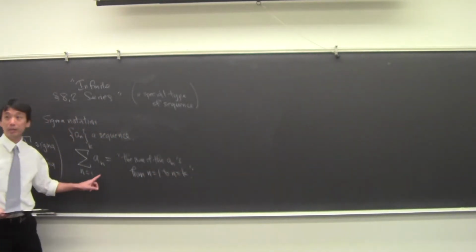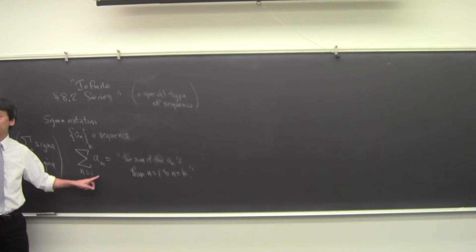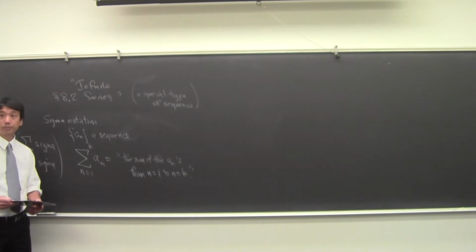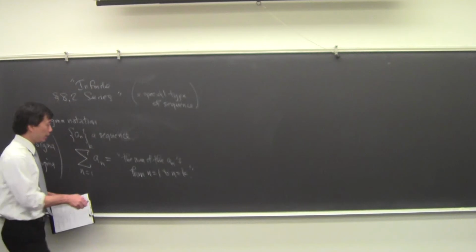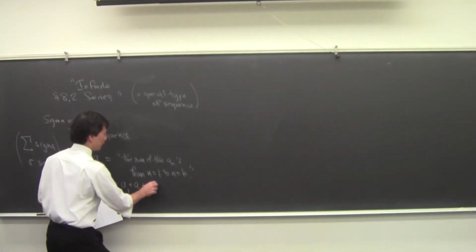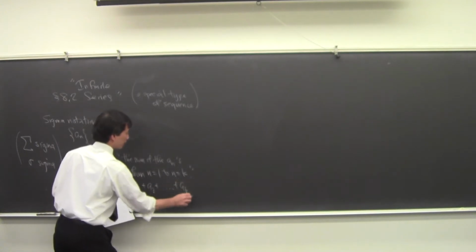That's how you read this in English. In other words, it is a1 plus a2 plus a3 plus up to a sub k.